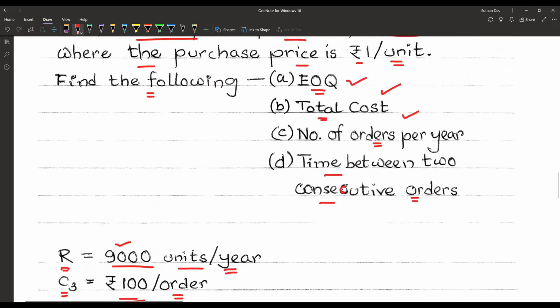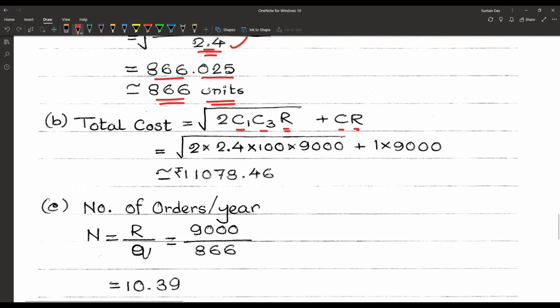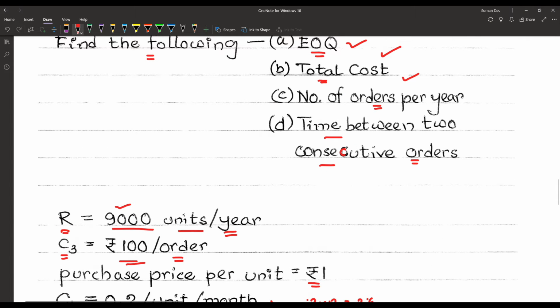Here we have to find the total cost, which is equal to the optimum cost plus C into R, that is square root of 2 into 2.4, that is C1, into 100, that is C3, into 9000, that is R, plus C, which is given as rupees 1 per unit, so 1 into 9000. That is nearly equal to rupees 11078.46.